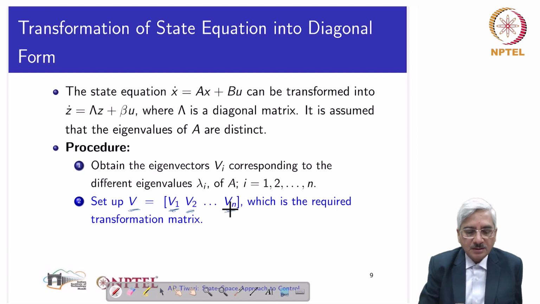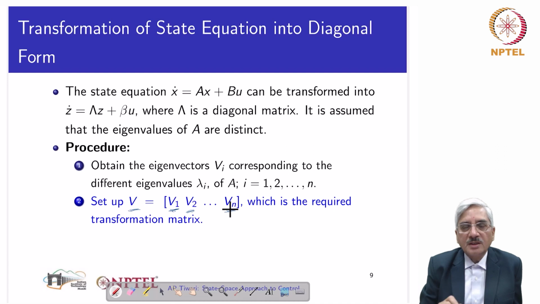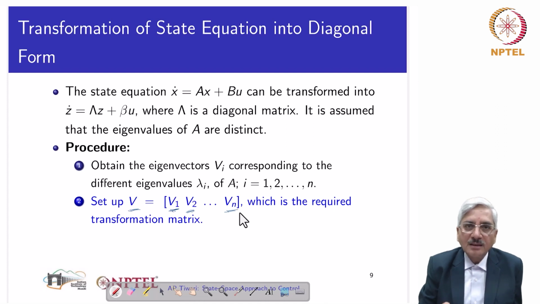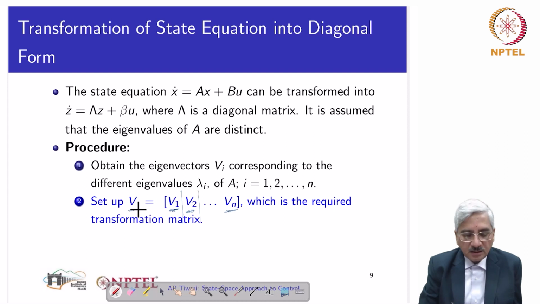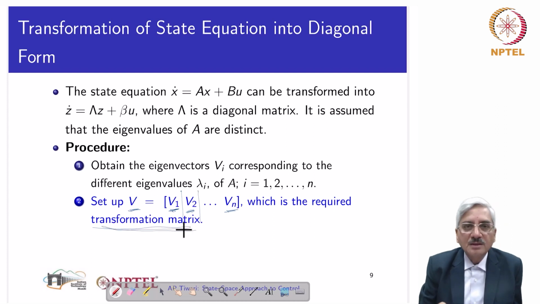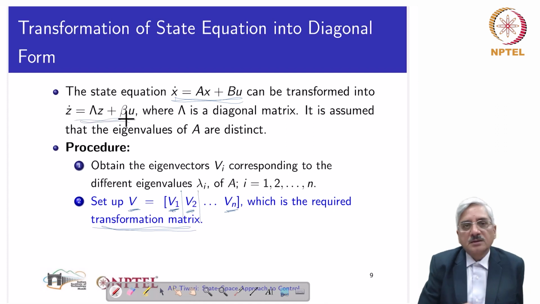As I told in the beginning that the eigenvalues are distinct, so we have as many eigenvectors as eigenvalues. And because the order of the system is n, we have exactly n eigenvalues and eigenvectors. So we assemble them as columns to obtain the matrix V. And this matrix itself is the required transformation which will diagonalize this system.